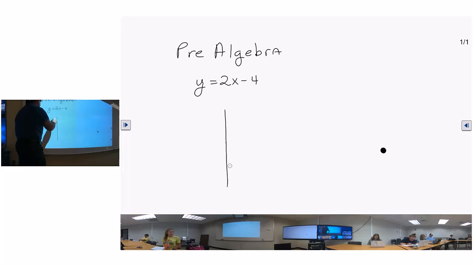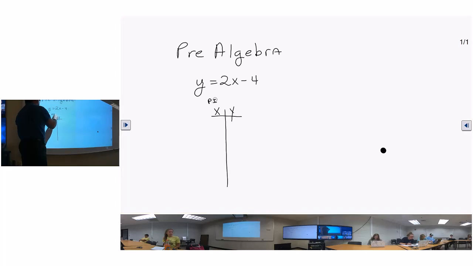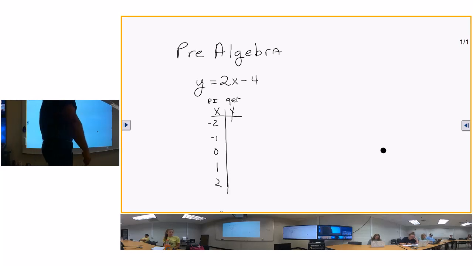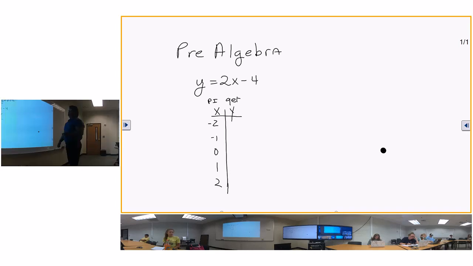So you plug in x to get what? Y. So -2, -1, 0, 1, and 2. And if you're in my algebra class, those are the 5 that I tell you to do unless you have a fraction. All right?